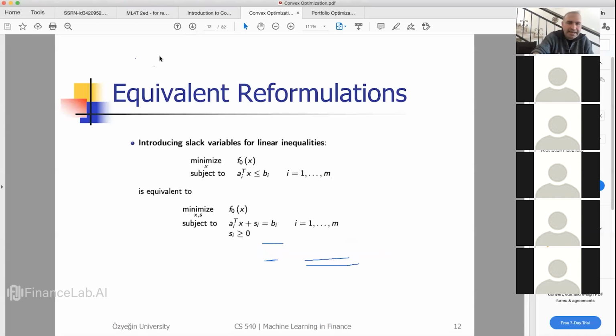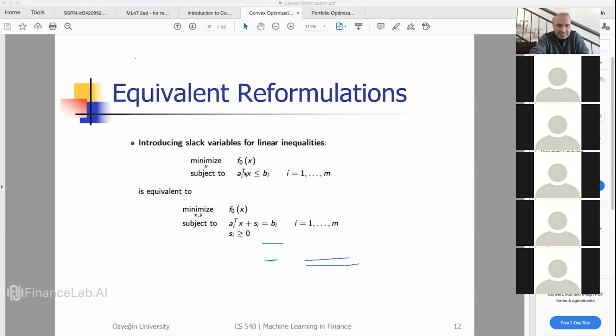Another equivalent formulation is the addition of slack variables. Slack variables are variables used to turn inequality constraints into equality constraints. So for instance, here we have f0(x), and a_i transpose x is smaller than or equal to b_i, and we can turn this into a linear equality constraint by introducing s_i, which is greater than or equal to 0, and turning it into an equality.